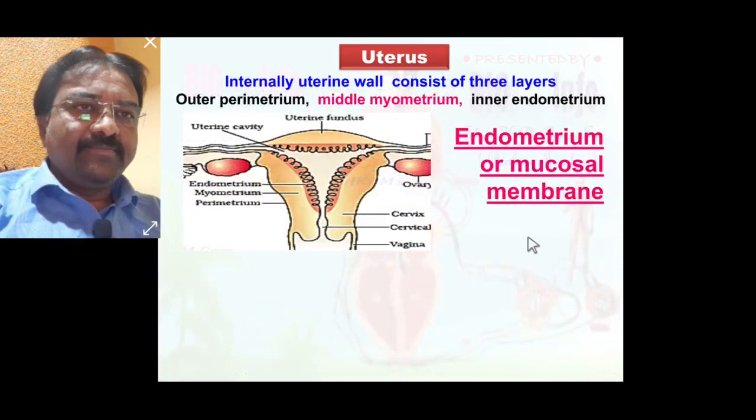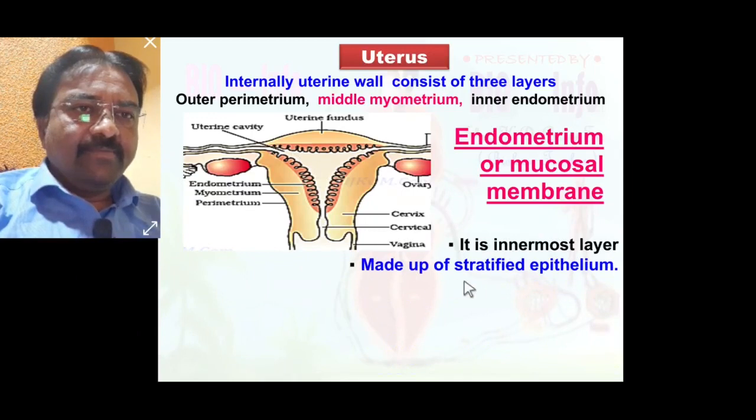Now the last layer, known as the endometrium, also called the mucosal layer or mucosal membrane. It is the innermost layer, made up of stratified epithelium cells. You know the myometrium is made up of smooth muscles, and the endometrium is made up of stratified epithelium.